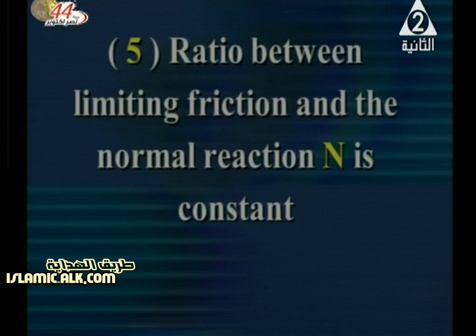Number 5. The ratio between the limiting friction force and the normal reaction N is constant. Its symbol is μs. What is the meaning of μs? Yes, the coefficient of friction.